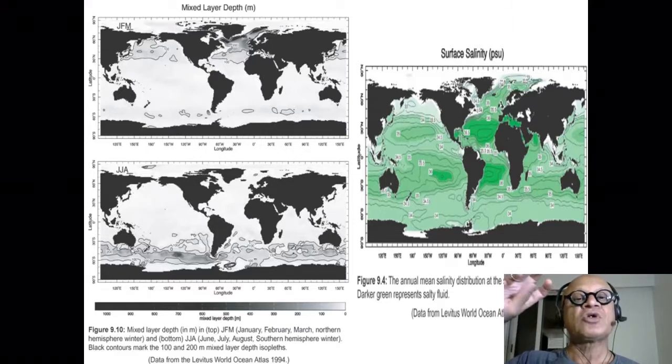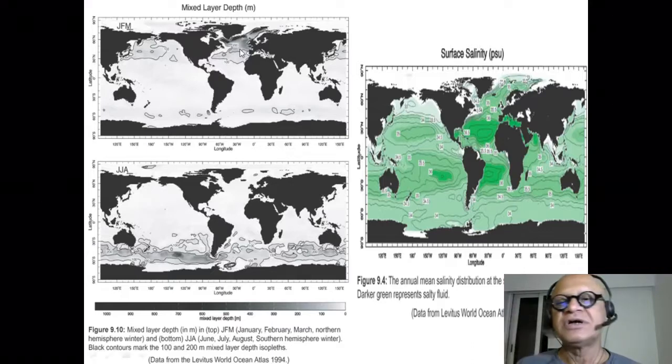So we've already talked about high salinity, negative heat fluxes, which means heat flux out of the ocean according to this convention here. That can create loss of buoyancy and sink the waters easily. Lack of stratification is the same thing.